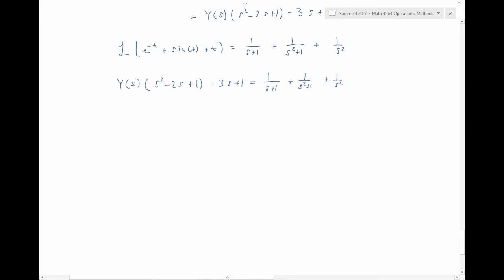We move the minus 3s plus 1 to the right, and then divide by s squared minus 2s plus 1, and we get the following. s squared minus 2s plus 1 can be written as (s minus 1) squared.